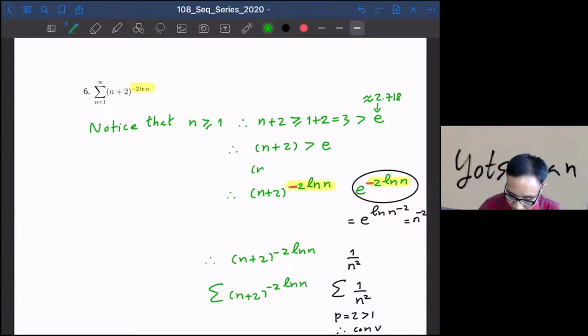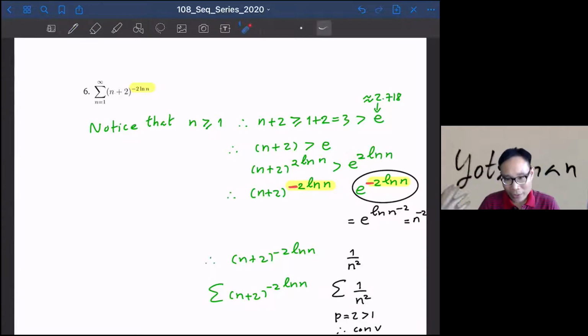So it's going to be n plus 2 to the 2 log n will be more than e to the 2 log n. So you raise to the positive power, so this one is positive. However, if you have negative, it means that you flip this one down, so it becomes the opposite side.